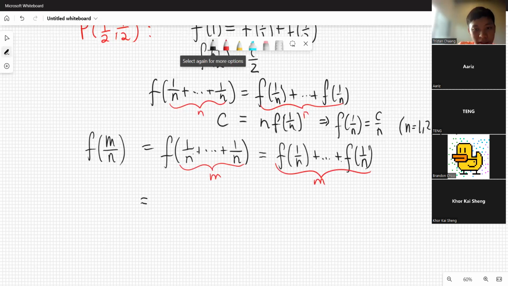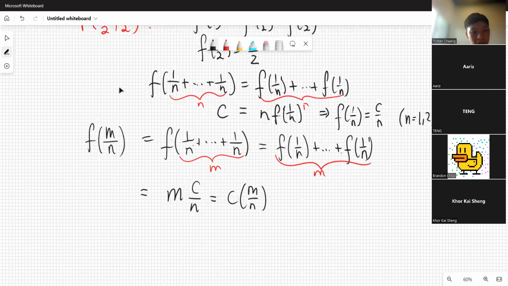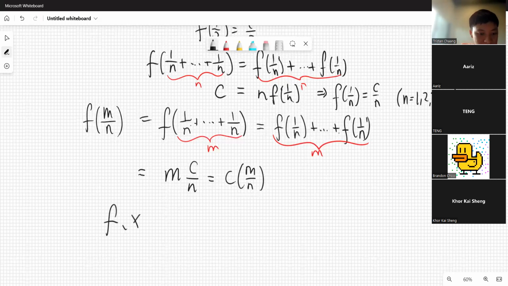So this would be m times c over n, and hence cm over n. And then do the same for the negatives, so we can conclude that f(x) is cx for all x rational.